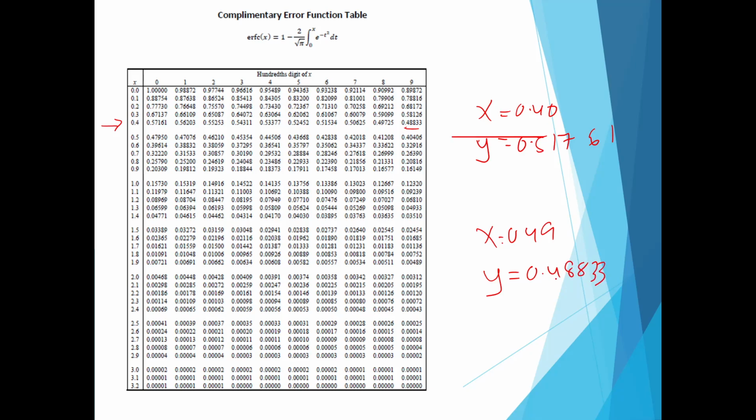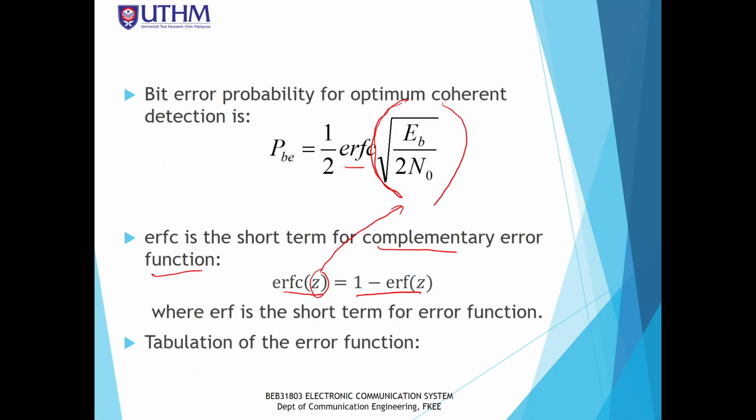So what is X? X is actually referring to this: everything inside the bracket is X. That is why we need to solve for the X value first. Normally we give you the value of Eb over N0, so you can find X, then refer to the table.